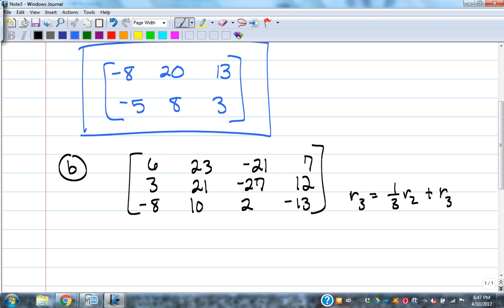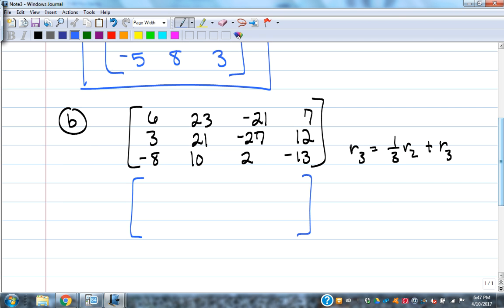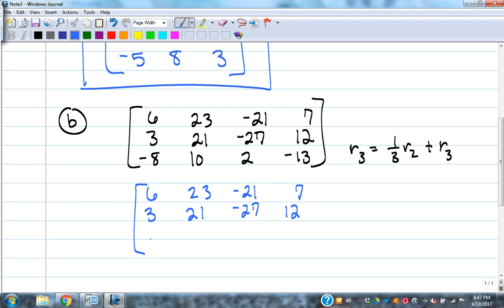That's the only one that changes. So that means I need to just go ahead and copy down which 2 rows. 1 and 2. I'm not changing those. I'm just doing some work on row 3, and we'll make it look different. So 1/3 times row 2, and then add it to row 3.